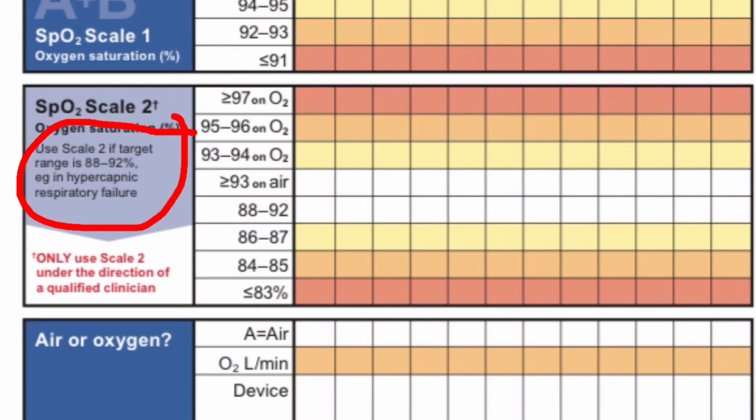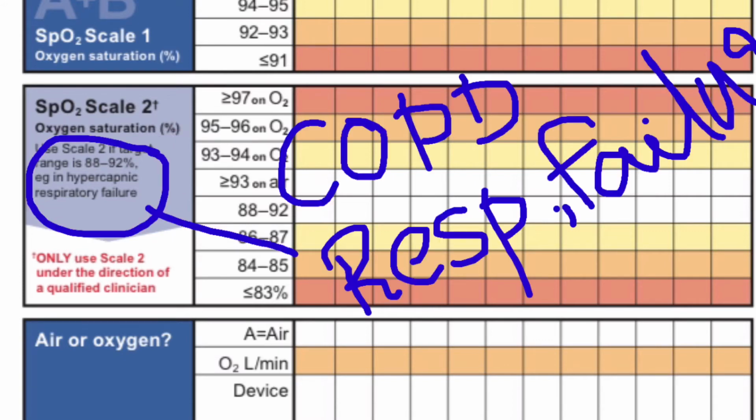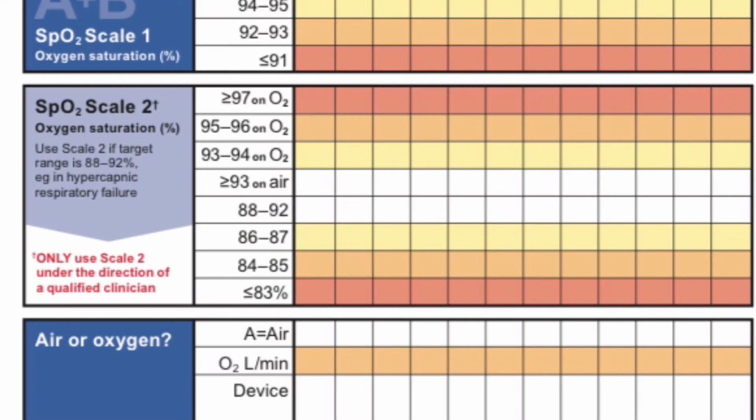Usually, for example, hypercapnic or respiratory failure, COPD patients, that kind of disease condition, you have to use scale 2. So normal condition, above 90, like 96, that is normal. Then if it is 88 to 92, use scale 2.